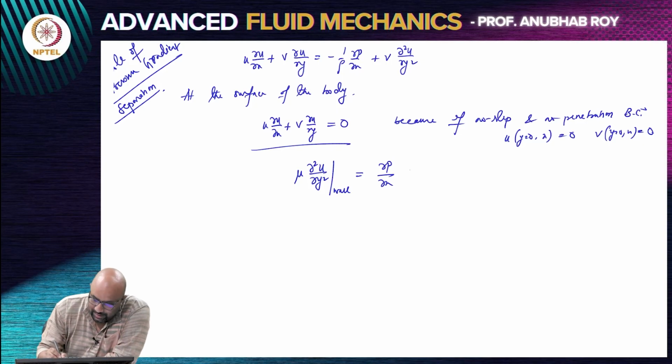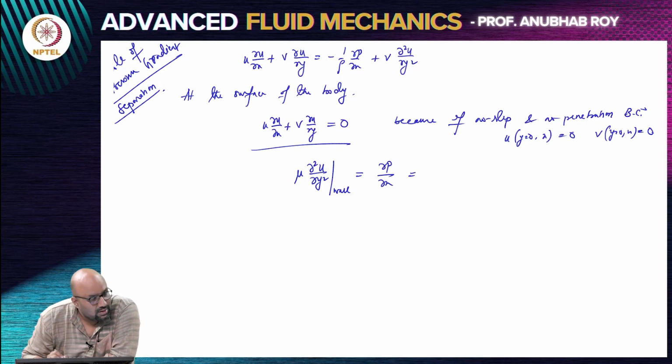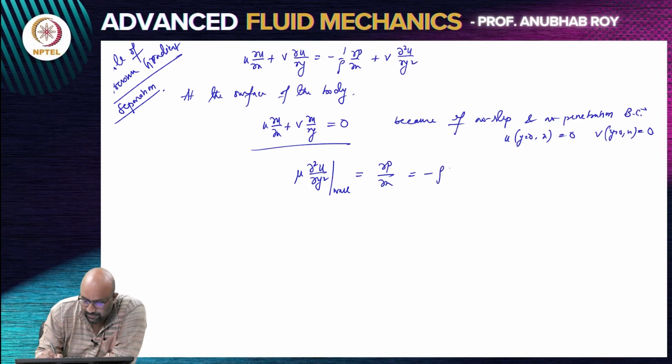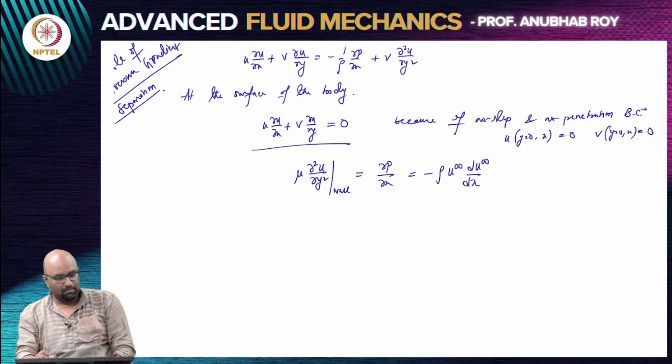So, now if you use the external stream, Prandtl's theory tells us that ∂p/∂y is equal to 0 within the boundary layer, which means I can use the information from the external stream. From the external stream, I have ∂p/∂x equal to minus ρ U∞ dU∞/dx.